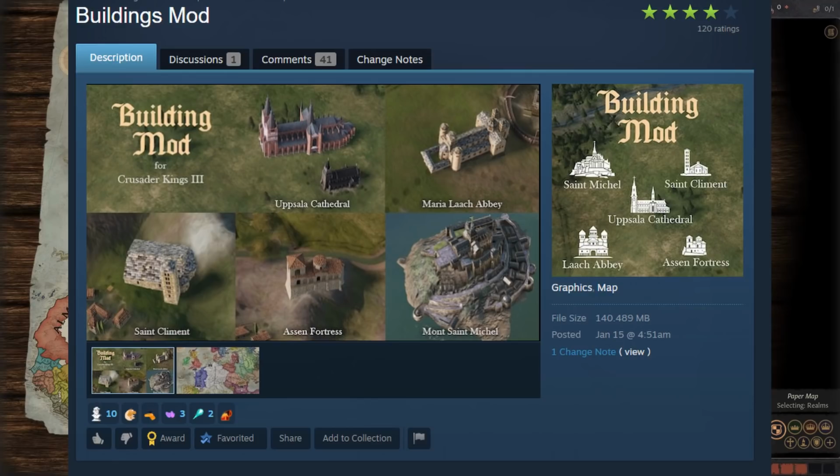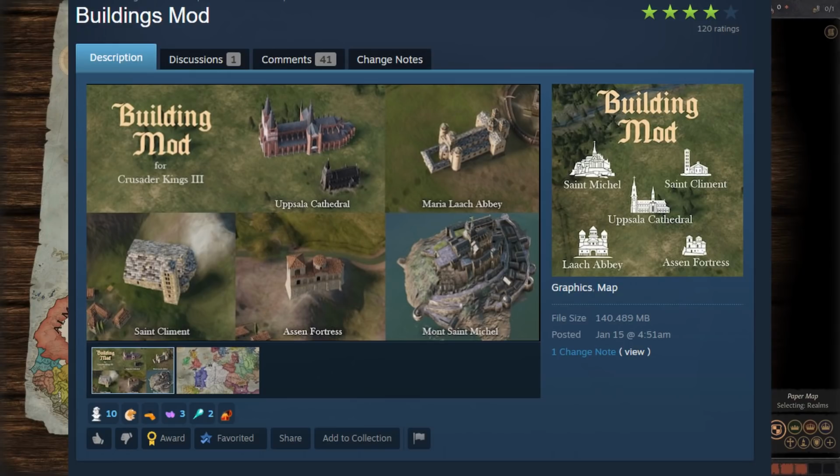The model is mostly referenced to how they look today and is not completely historically accurate. So that's from the modder himself. Right now, these buildings are the Uppsala Cathedral, Mont Saint-Michel, the Lach Abbey in Adenauer, Saint Clement in Vielha, and Stanimaka as the Assen Fortress.